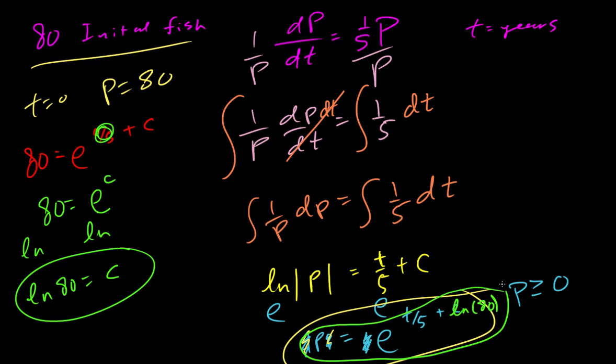Now, part B, it says find the salmon population after 10 years. And so we're going to just plug in a 10 to this. So P equals e to the 10 over 5 plus natural log of 80. So that's e to the 2 plus natural log of 80.